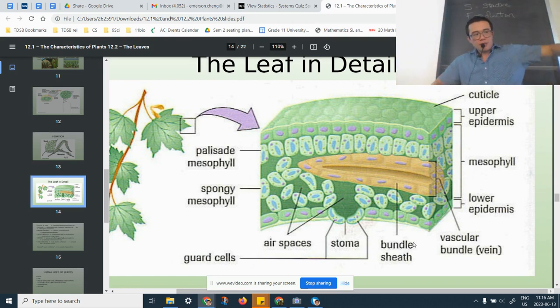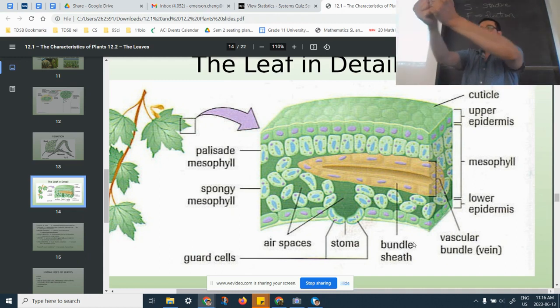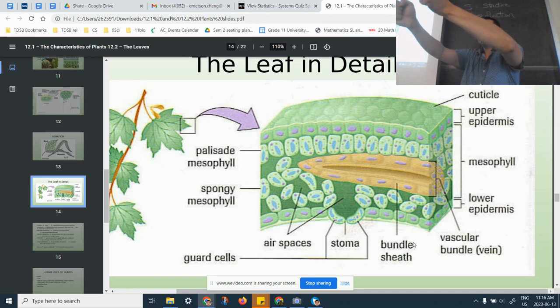Now, we talked about the stoma. The stoma is controlled by these two guard cells. These two guard cells basically decide when the stoma will be open and closed. Those things are not open 24/7. The guard cells will let the stoma be open when the leaves have lots of water and they're not in danger of getting dried out.